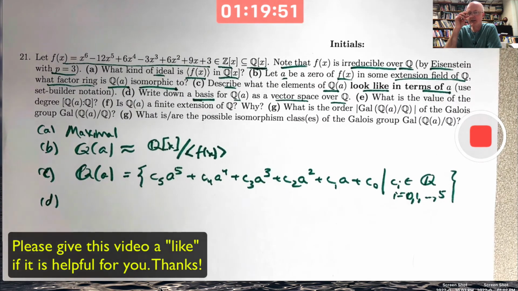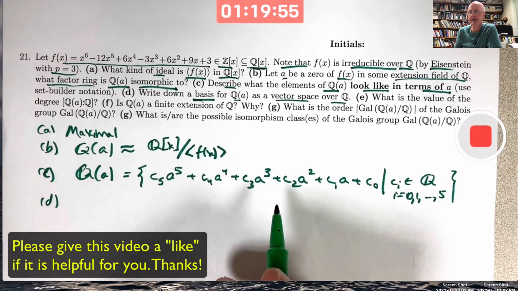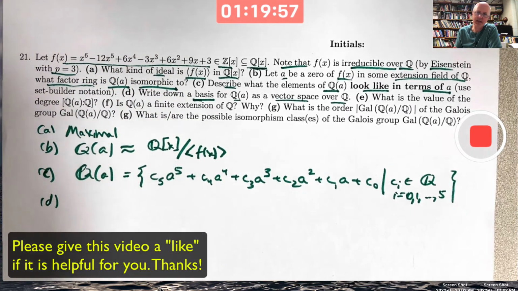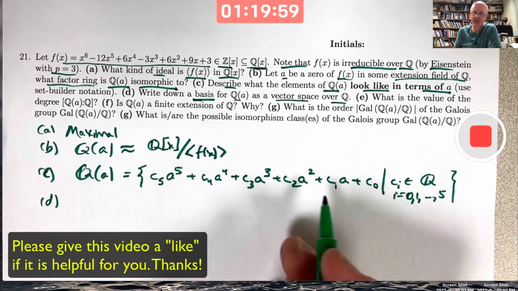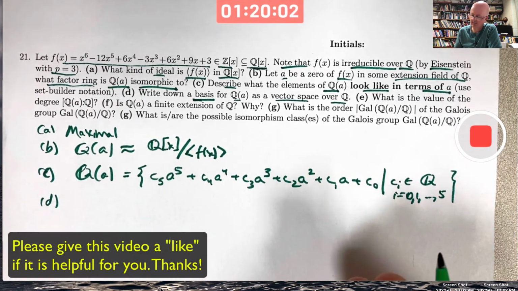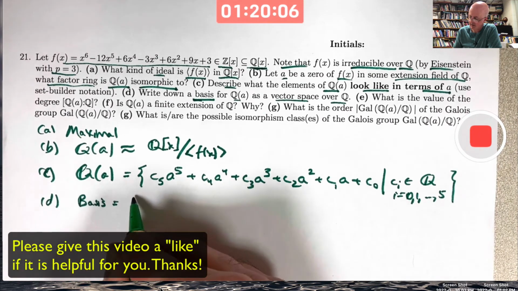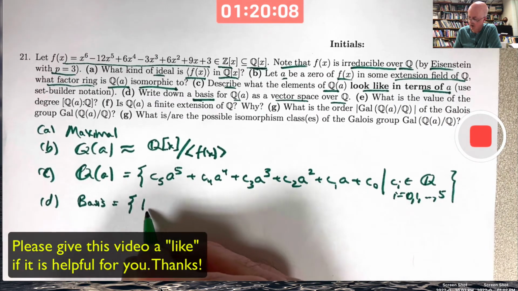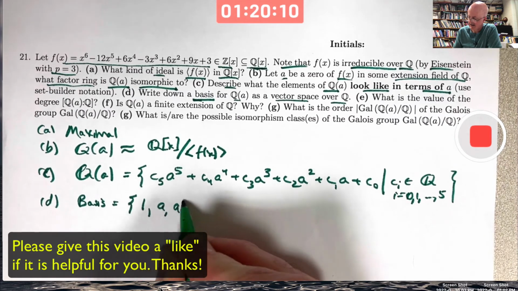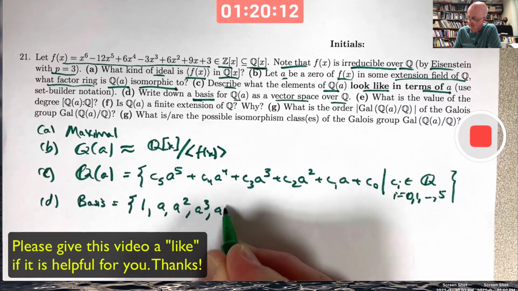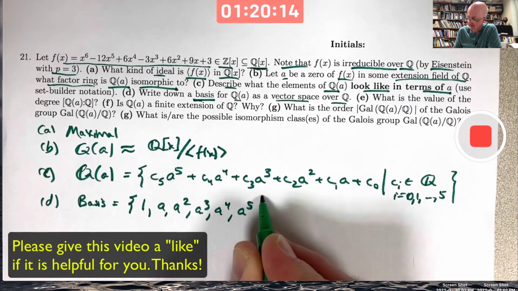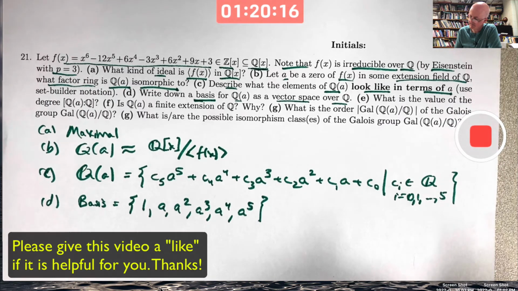In Gallian's book, it also says that representation is unique. The c's are unique, and that effectively means that the powers of a are linearly independent as well. So the basis consists of those powers of a, starting with the 0th power, which is 1, and ending with the 5th power. So you've got 6 elements in a basis.